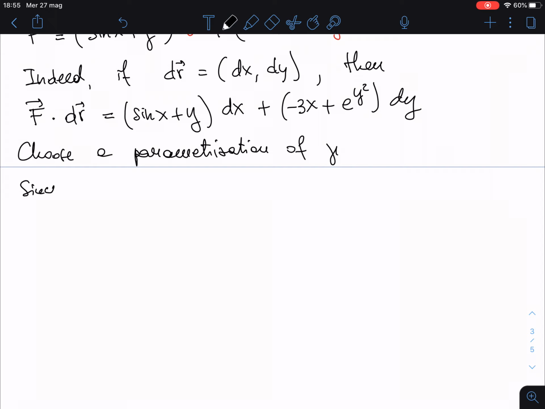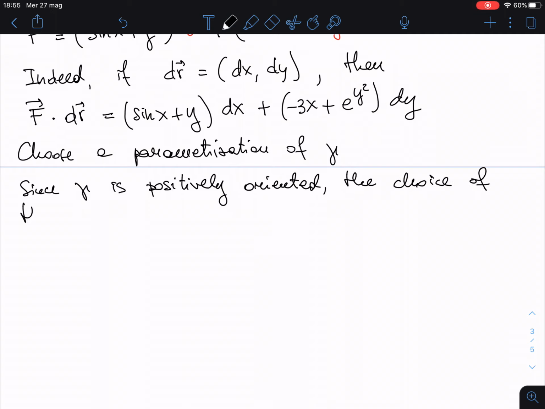Since gamma is positively oriented, the choice of the parametrization can be the usual one.